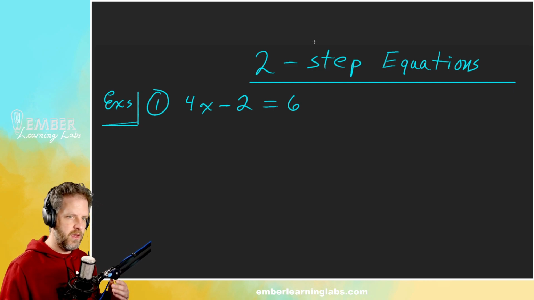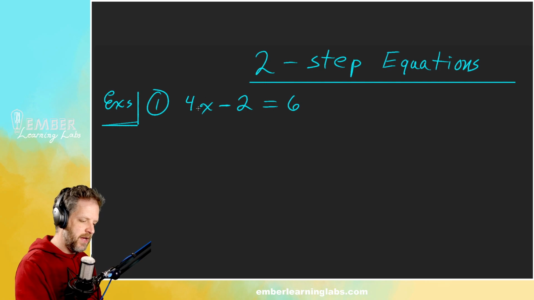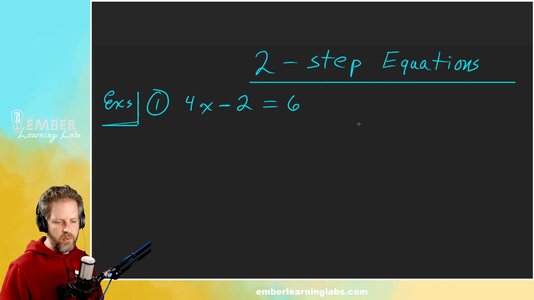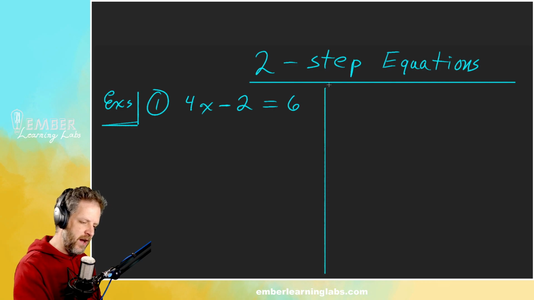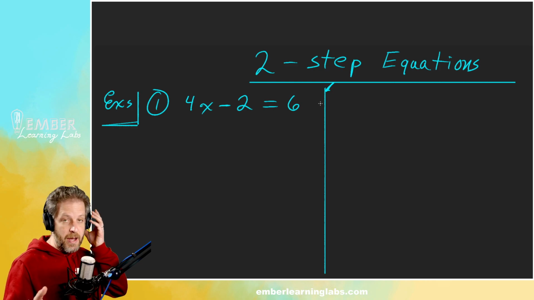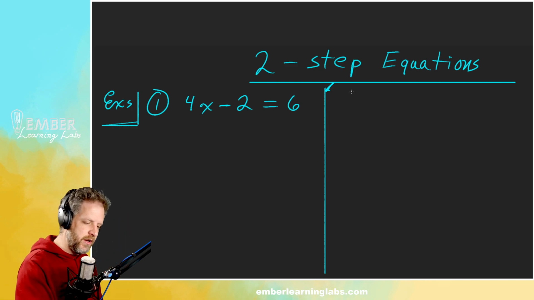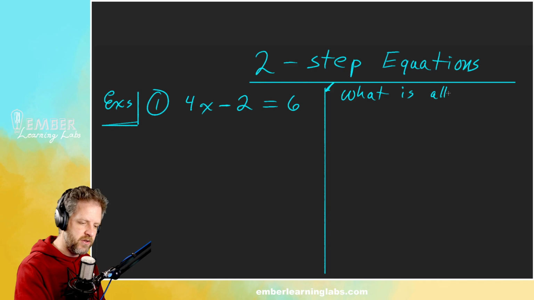Okay. So here's our first example, and this is what we're gonna do. Now, when we're doing these, I kind of talked about this the other day, that we ask two questions, and then we do the opposite to get rid of a thing, right? So we look at what is attached.